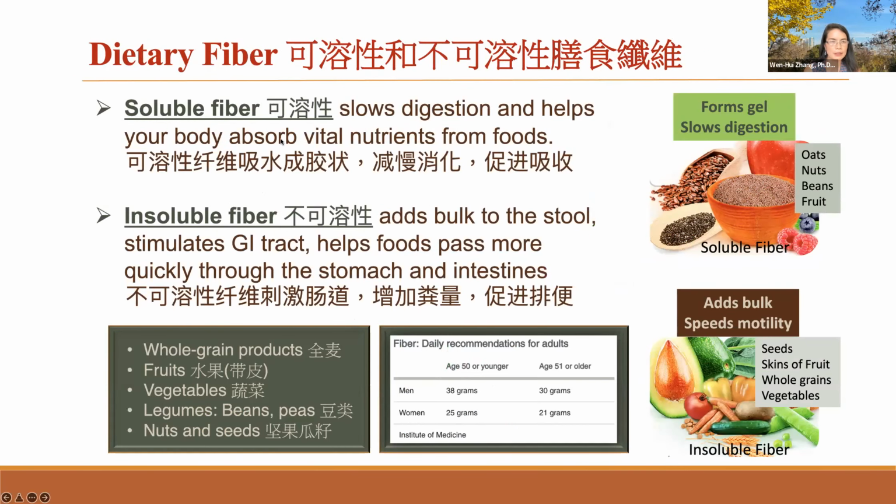And dietary fiber has two types. Soluble fiber dissolves in water and becomes gel-like, so it can slow down digestion. It helps us have stable blood sugar, and it helps complete digestion and absorption of nutrients from foods.